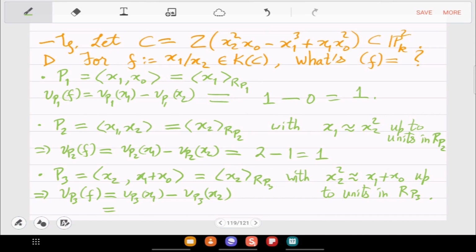Well, x1 actually will be a unit. Both x1 and x0 will be units. It's only their sum which is 0.